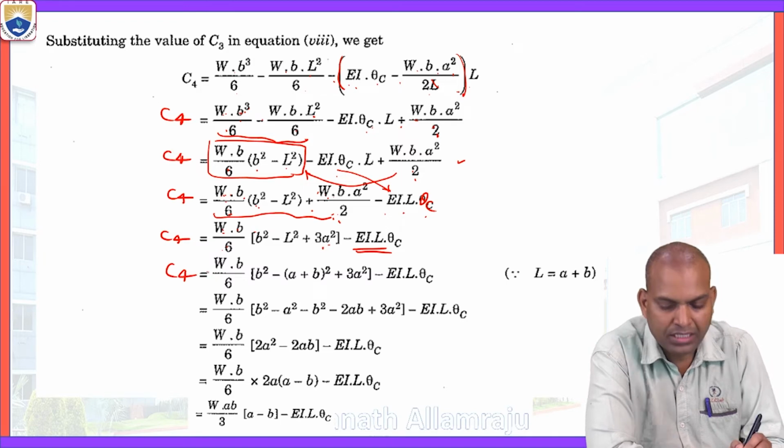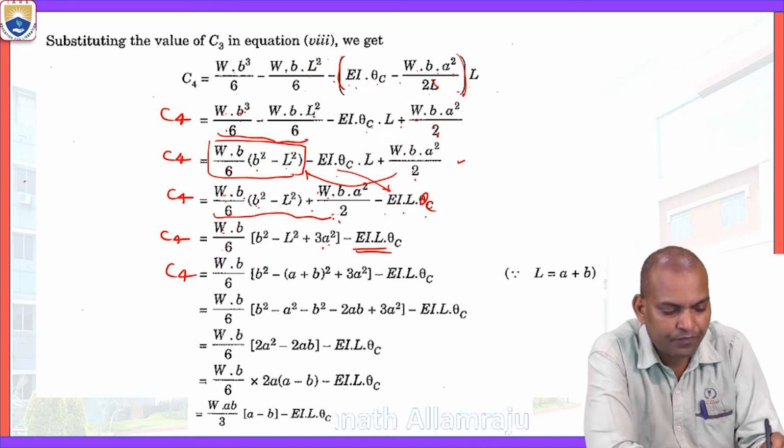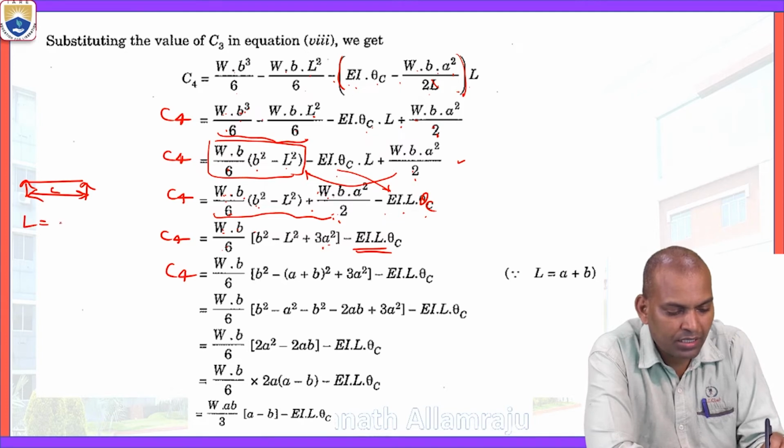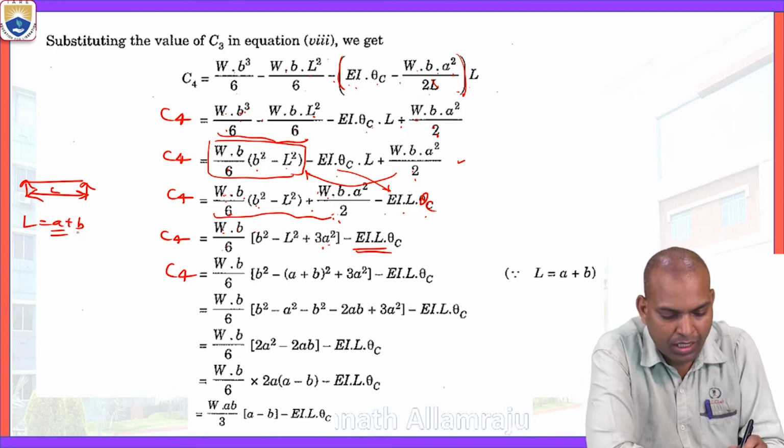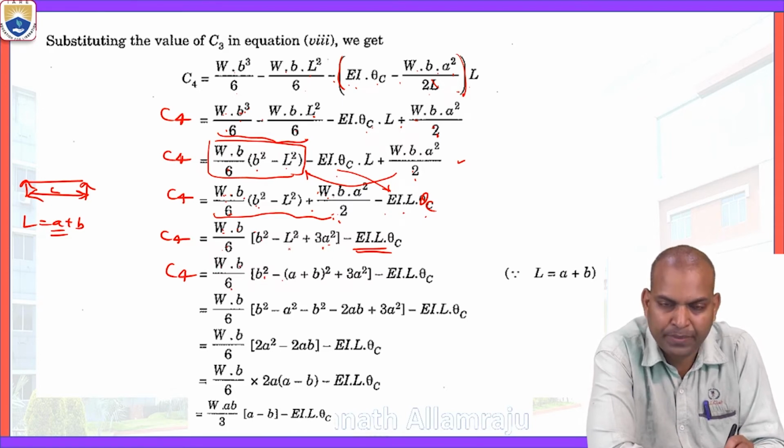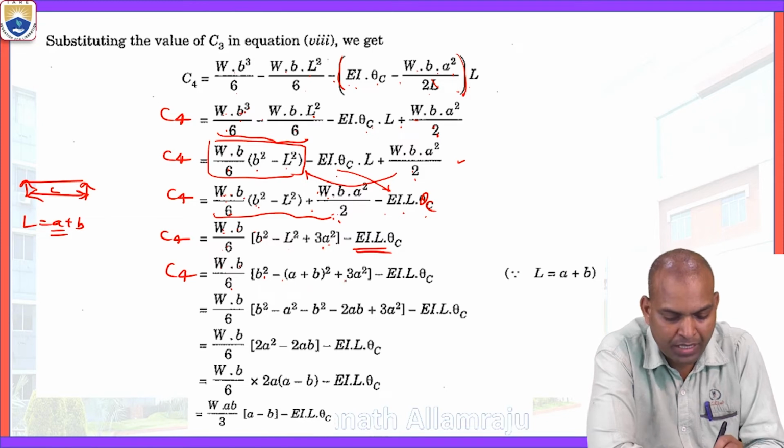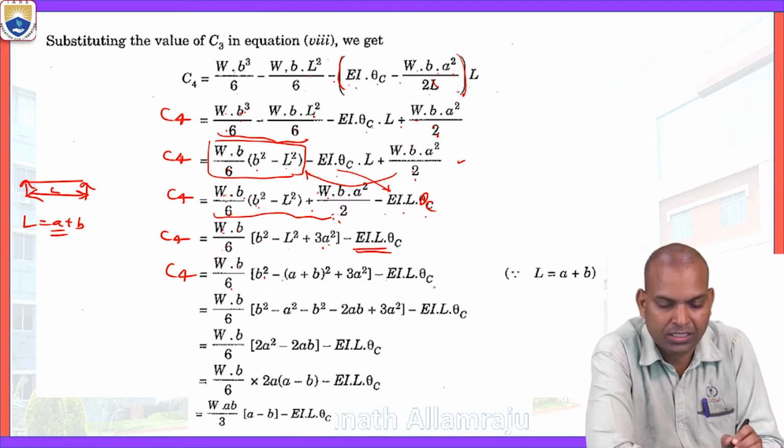c4 equals, in the place of l, what is the total span? Total span, that is l equal to a plus b. Now in the place of l, substitute a plus b: wb by 6 times b square minus (a plus b) whole square plus 3a square, minus EI times l times theta c.